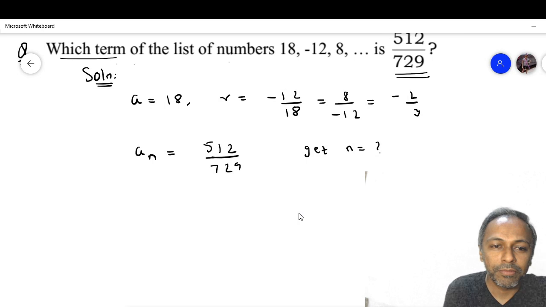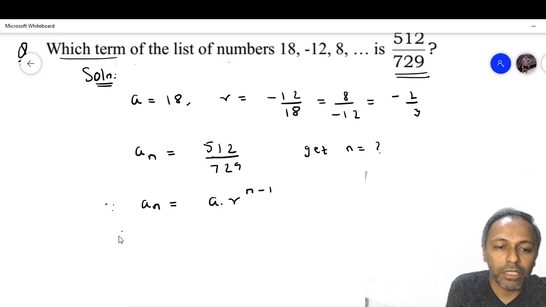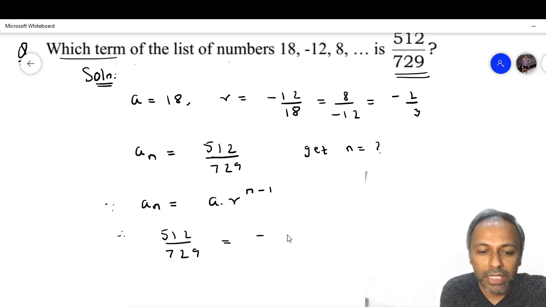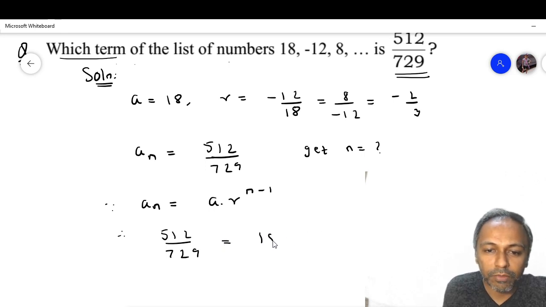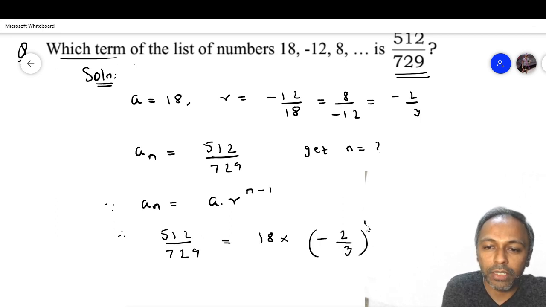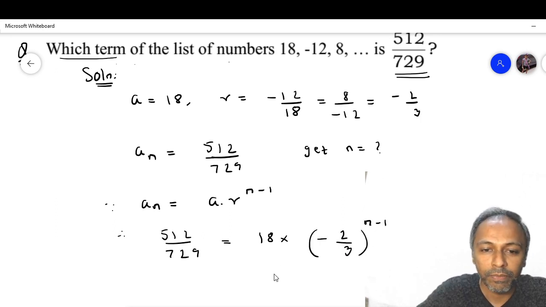Let us get the an formula. The an formula is a into r raised to n minus 1. Therefore 512 upon 729 is equal to a is 18, your first term, into r is minus 2 upon 3 raised to n minus 1.